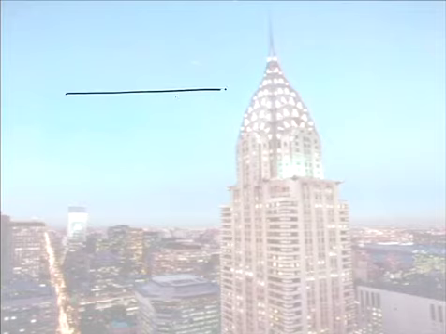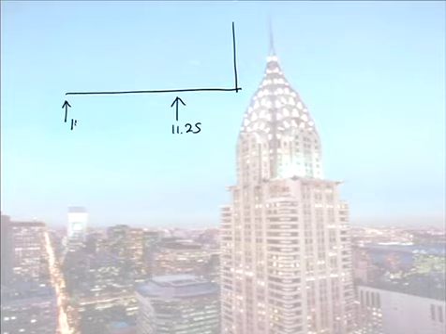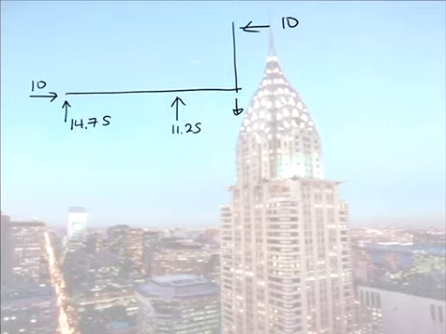I'll go to the next page here so we can draw it. So that is 11.25. That's 14.75. And because I have a 10 acting, that must be 10. So here are all my forces. And I want a shear force diagram from you all.